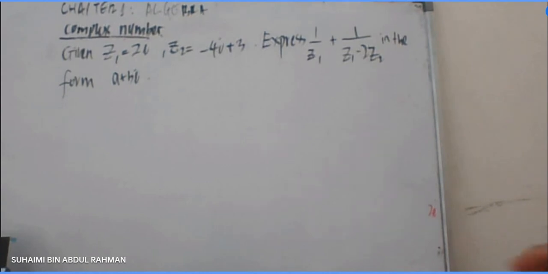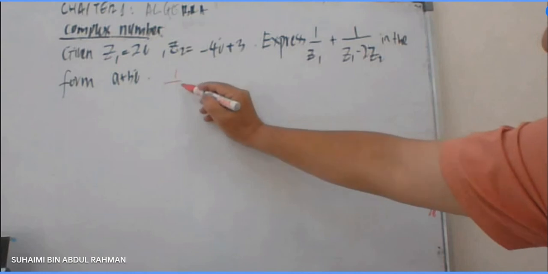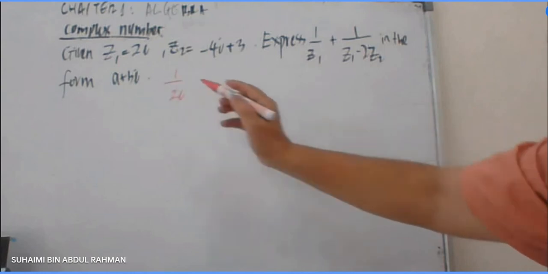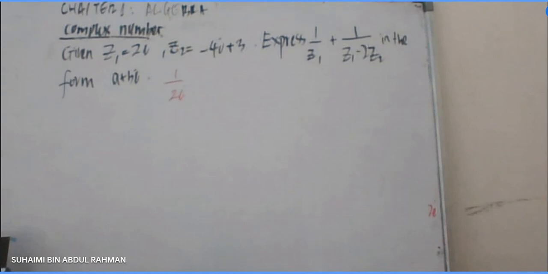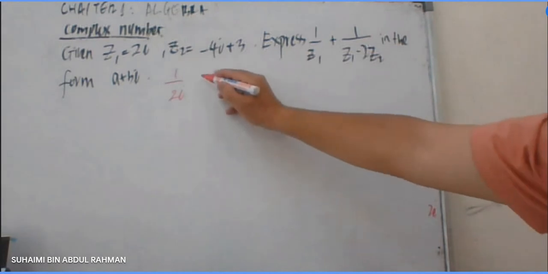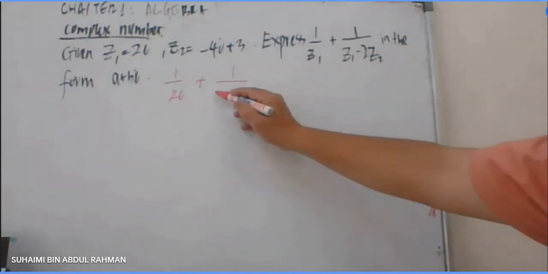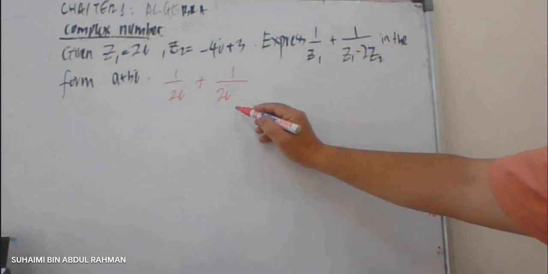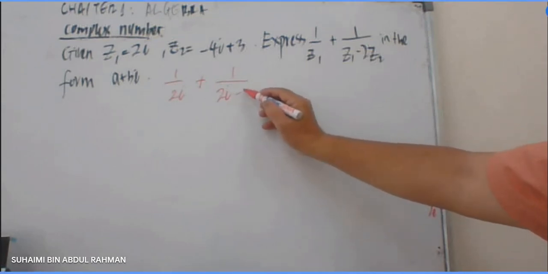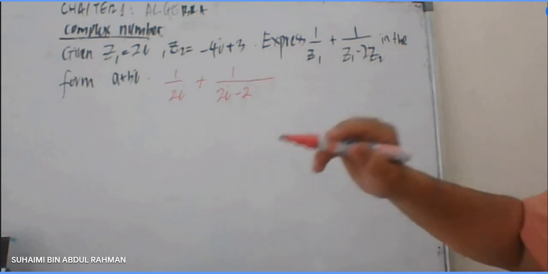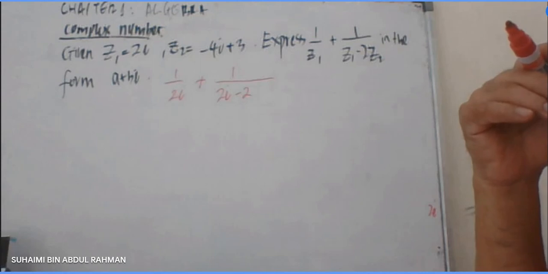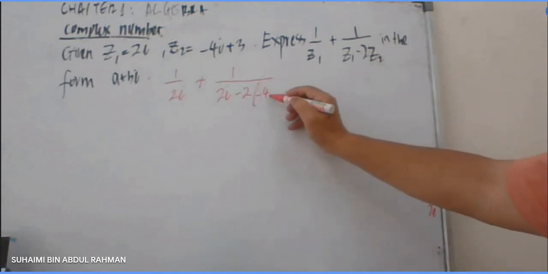So 1 over z1, 1 over 2i. z1 is 2i. Plus 1 over 2i, minus 2 z2, which is minus 4i plus 3.